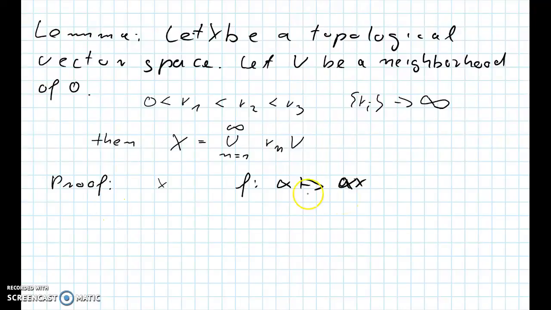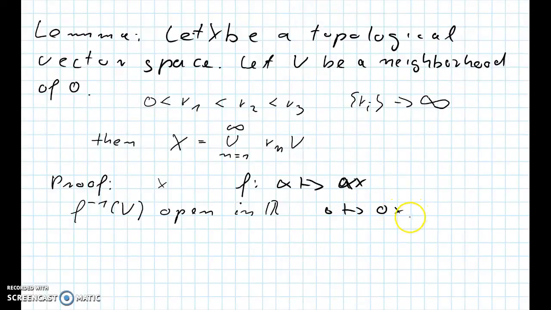Now, this is a continuous function, and this means that the pre-image of the neighborhood V is open in the real numbers. And it contains 0 because 0, the scalar 0, gets mapped to 0 times x, which is 0, of course.